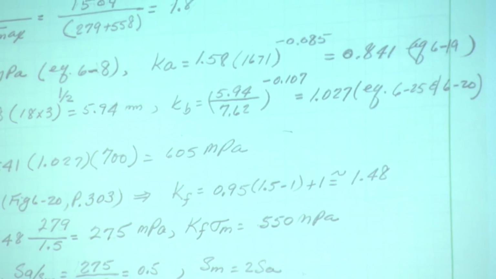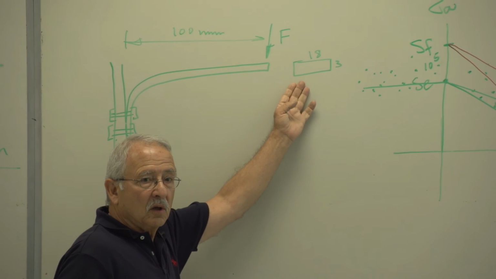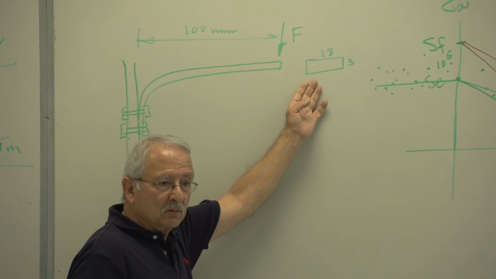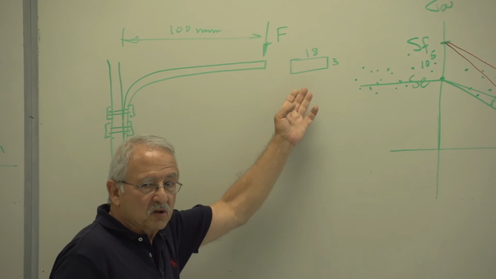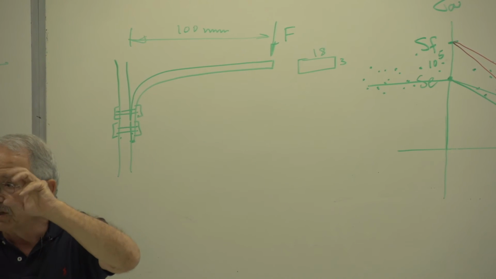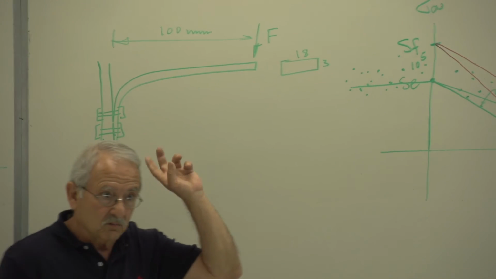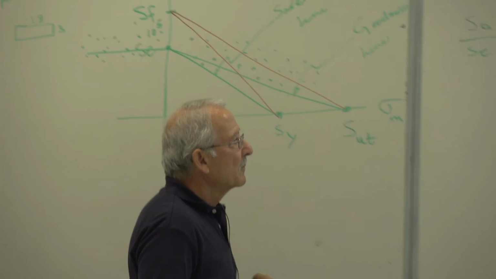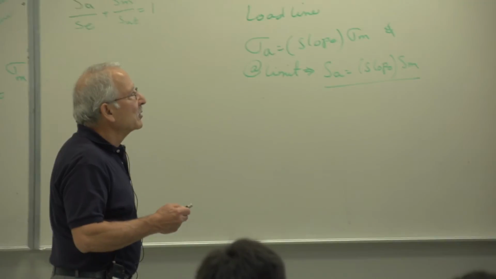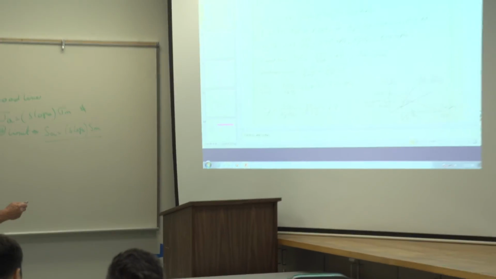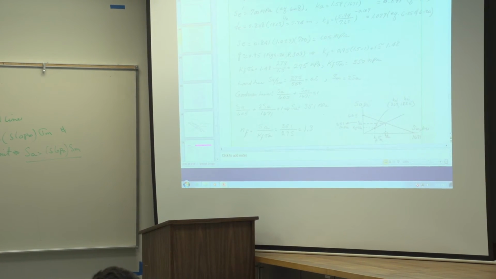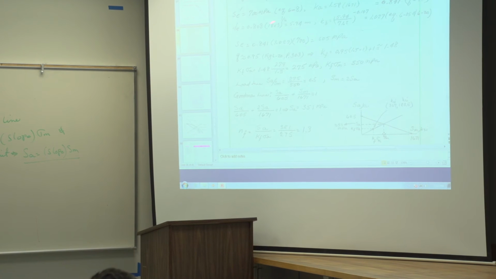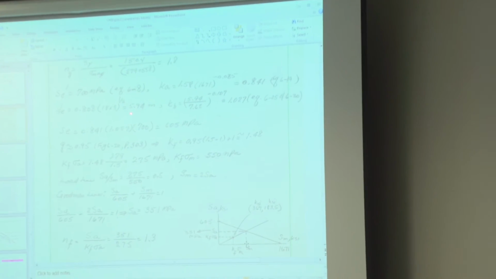In the size factor, you come here and you take a look at the cross section, and of course it's not round, and this is not rotating bending either, so you must come up with an equivalent diameter. The one we talked about last time. So the equivalent diameter is 0.808 times hb to the 1/2. This is the equation I put on the board last time for rectangular cross sections. 5.94.